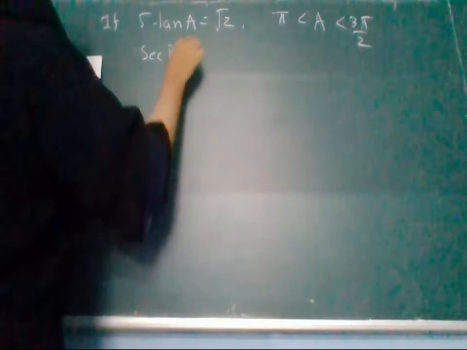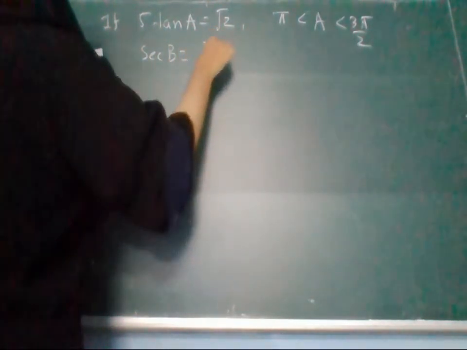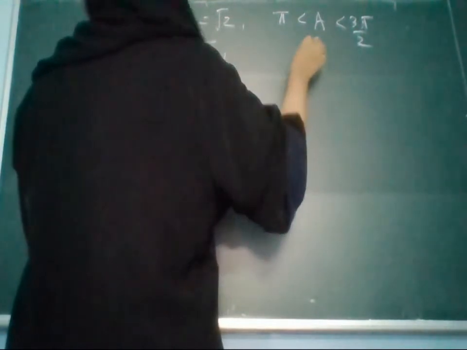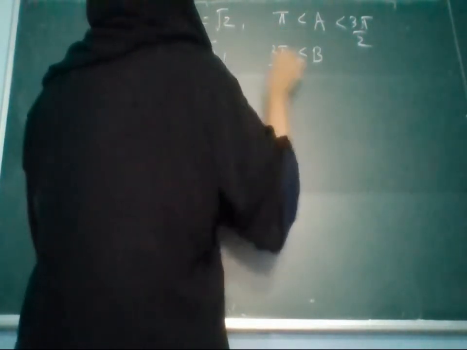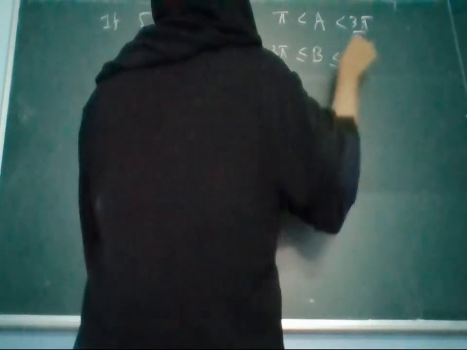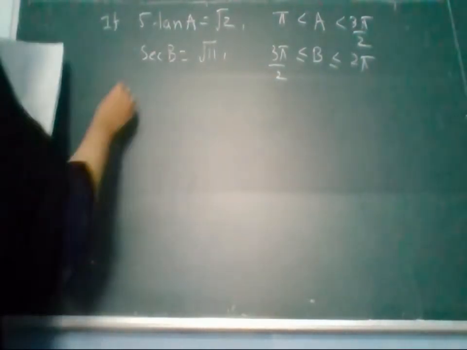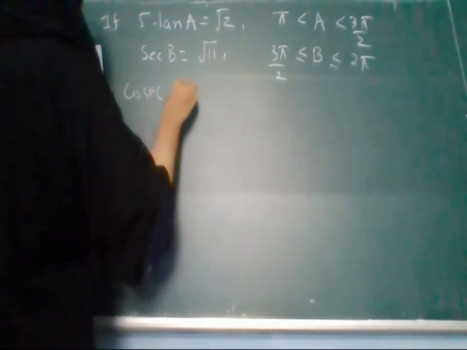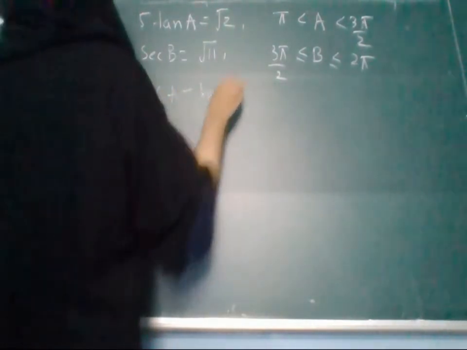Sec b is equal to root 11, where b is in the fourth quadrant. Then find the value of cosec a minus tan b. Okay, so here there are two angles, a and b.